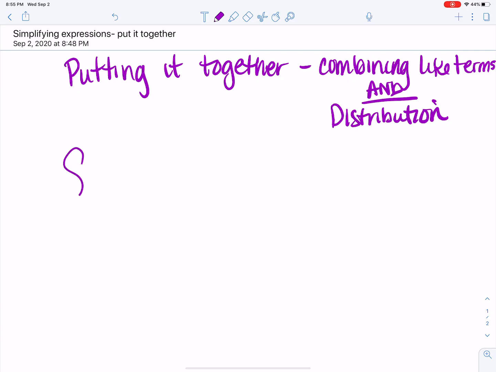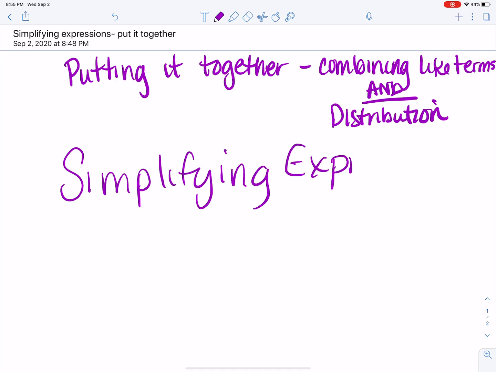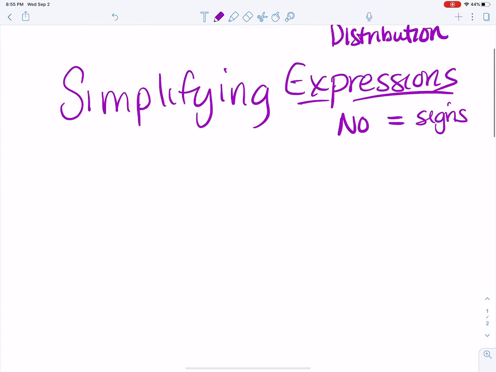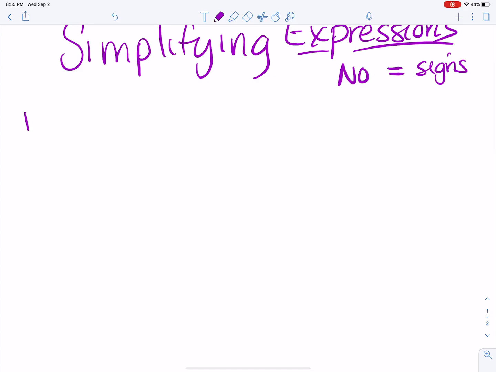That is called simplifying expressions. Expressions do not have equal signs. Okay, so we're going to start by just reviewing combining like terms.